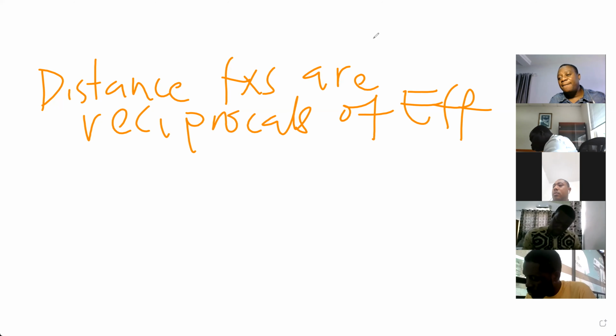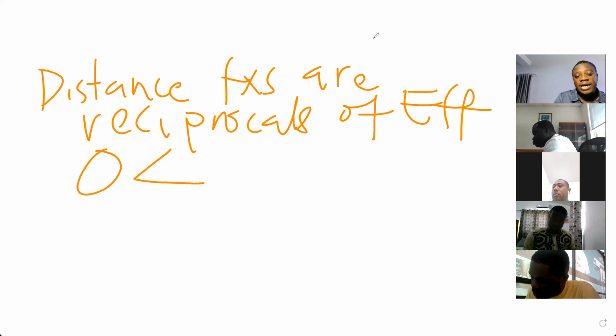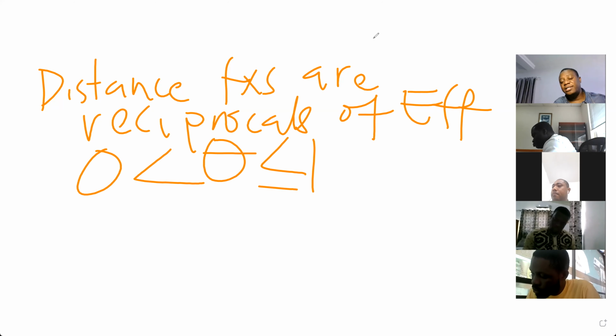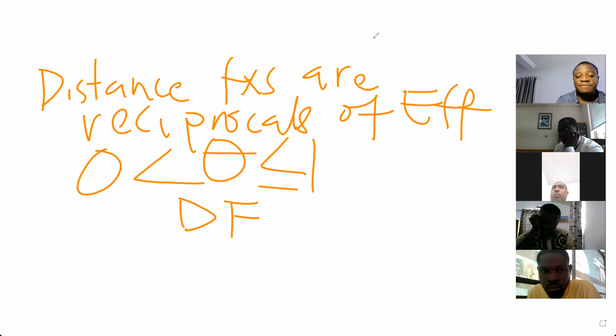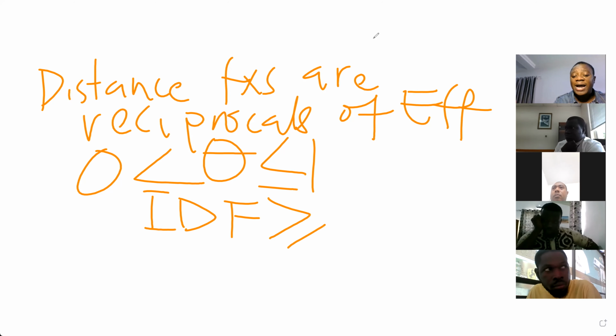In the input orientation, you were told that the efficiency score, theta, is between 0 and 1 inclusive. Keep in mind, input orientation. That means the input distance function will be 1 and above.